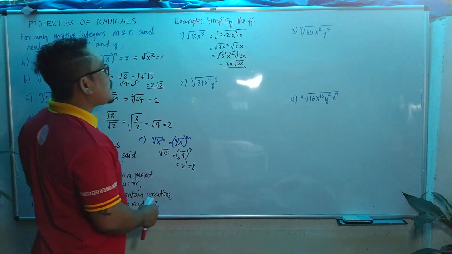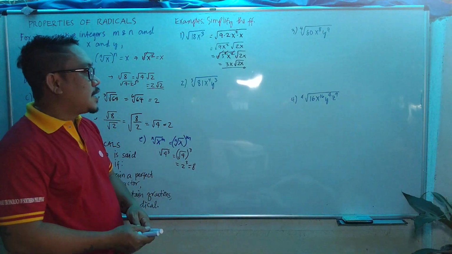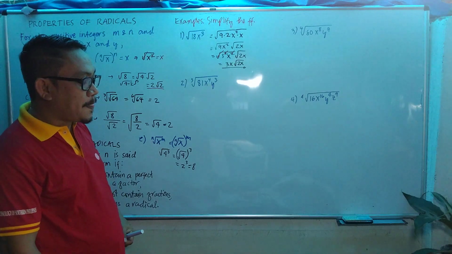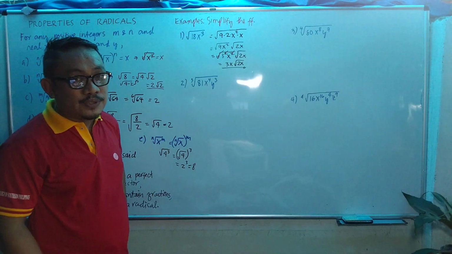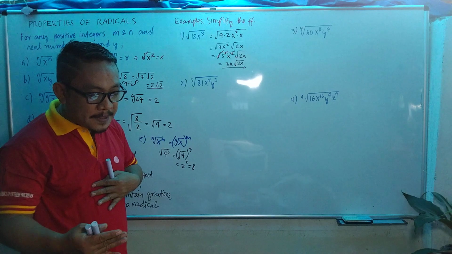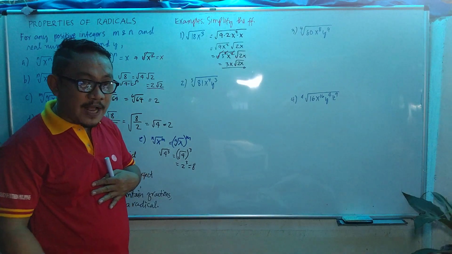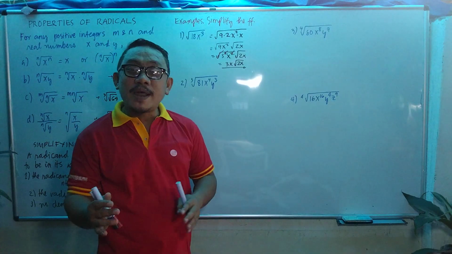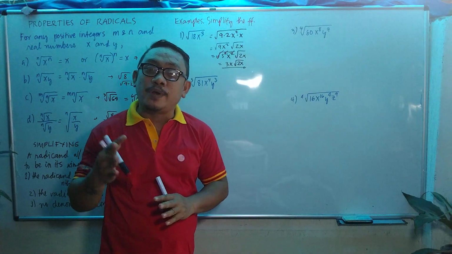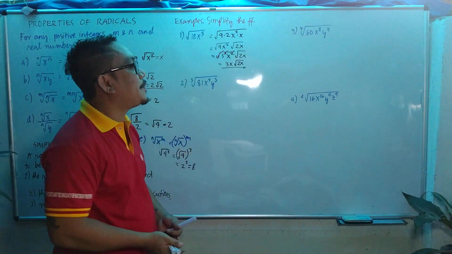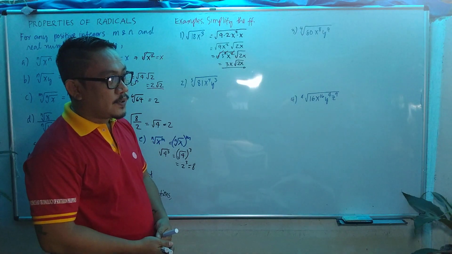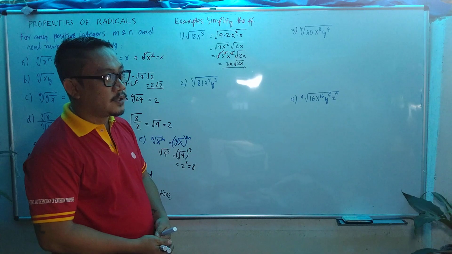Number 2. The cube root of 81x to the 4th y cube. We look for the possible factors of 81 that have a power of 3, because it is a cube root. So, what is possible?